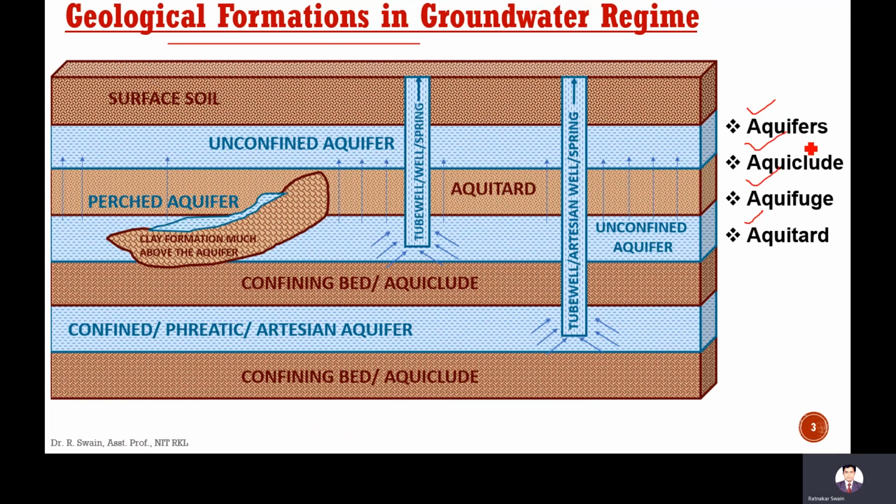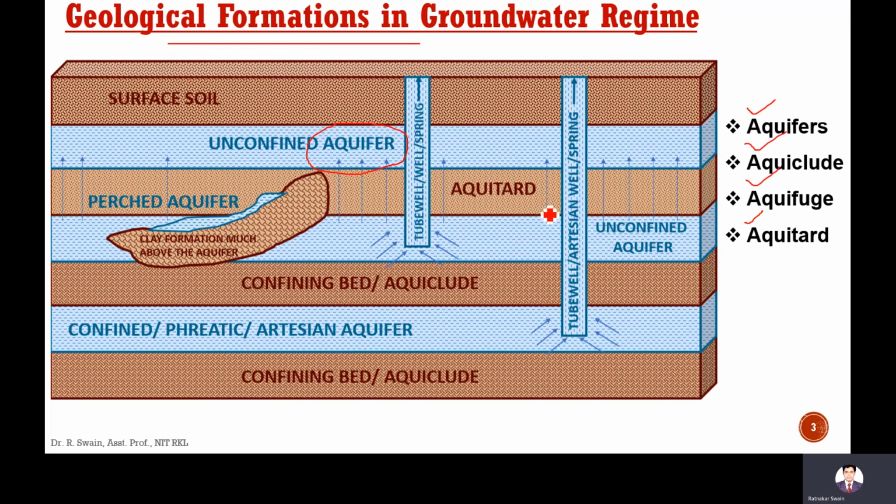Here you can see one aquifer. An aquifer contains water. It is full of water, with some rocks and small soil, but its yield is high, meaning we can draw more water from the aquifer.